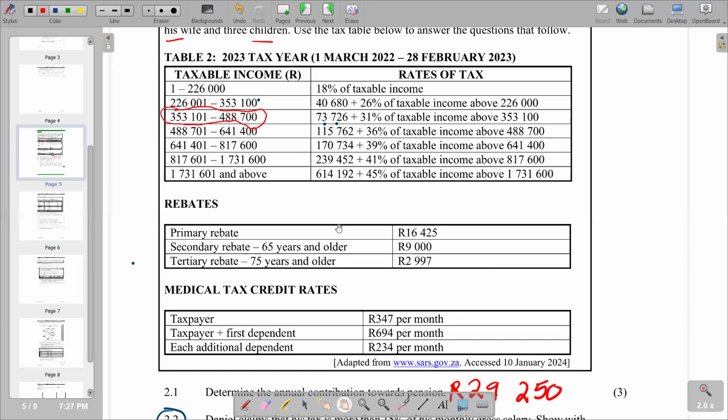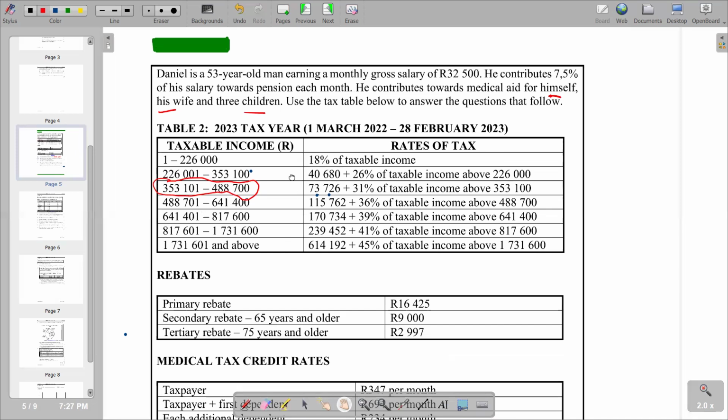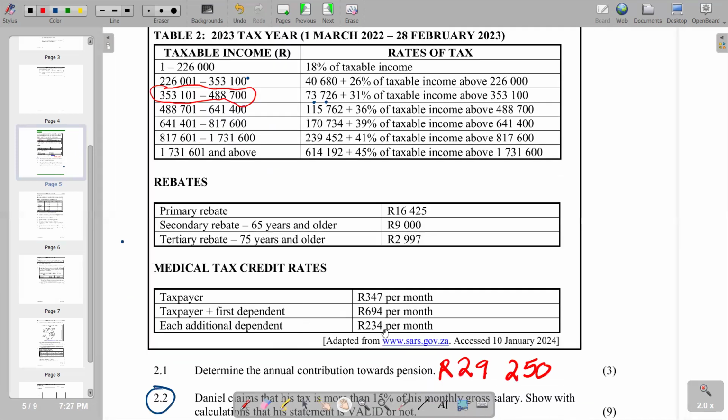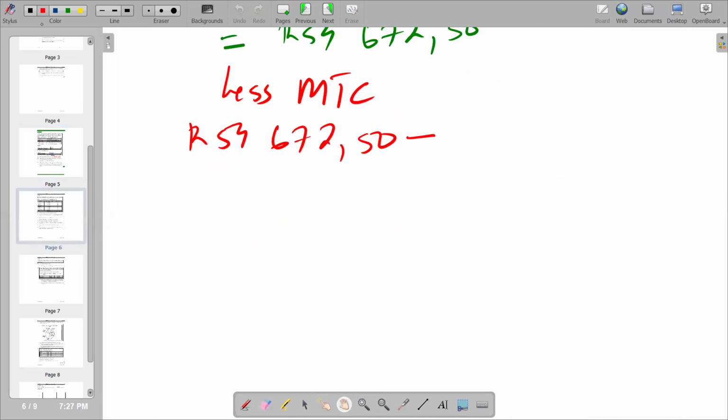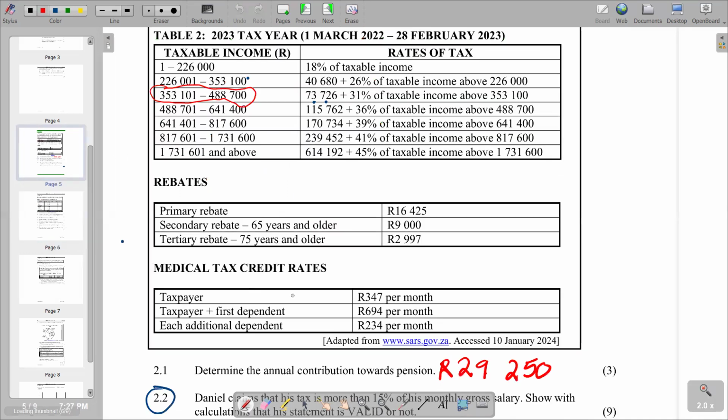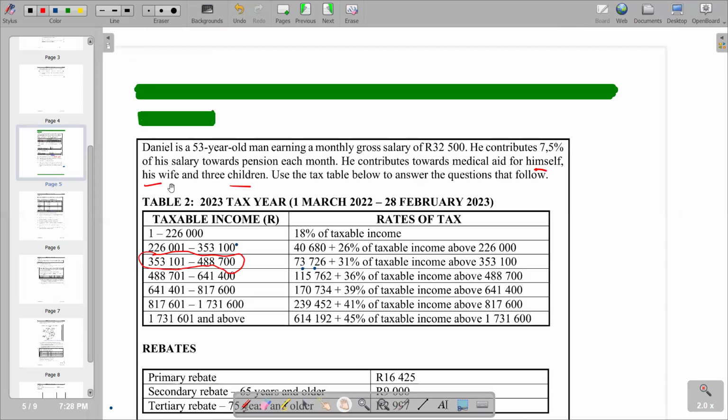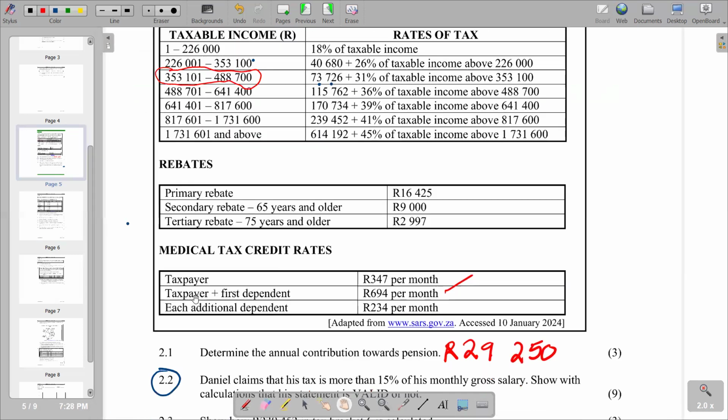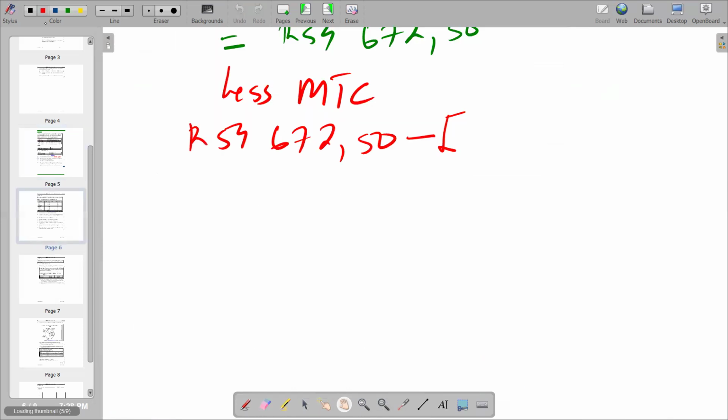And then we have 3 children, each at 234 per month. So we go to our working section, and then we say in brackets, we have himself and his wife, which applies as taxpayer and first dependent, 694. So we come here, we say 694.